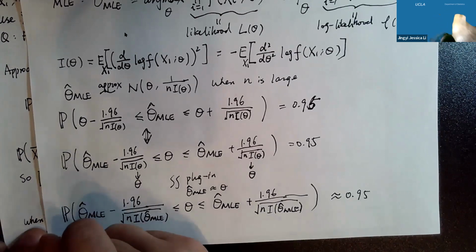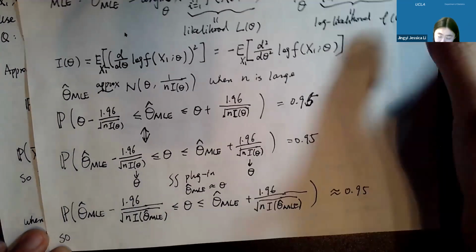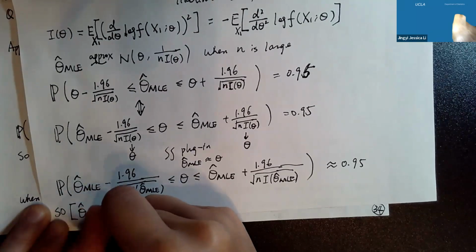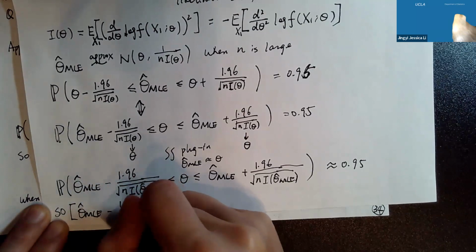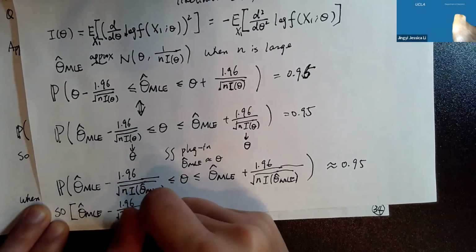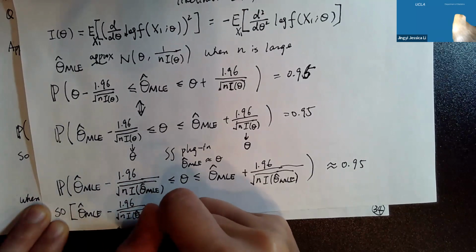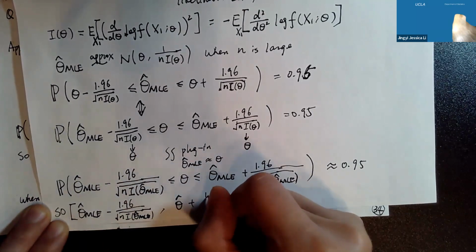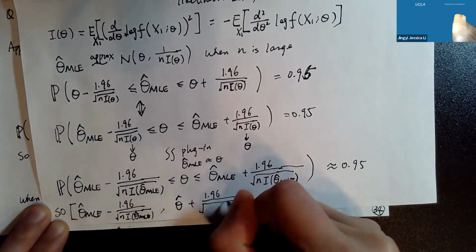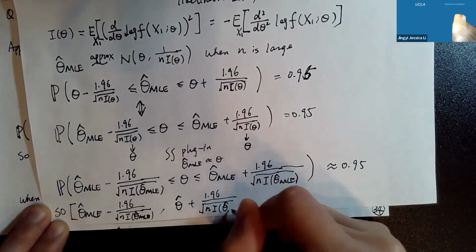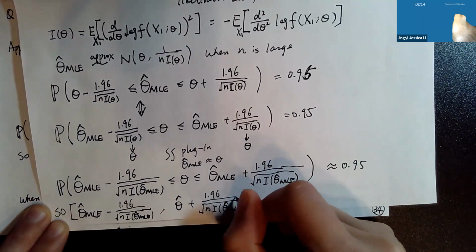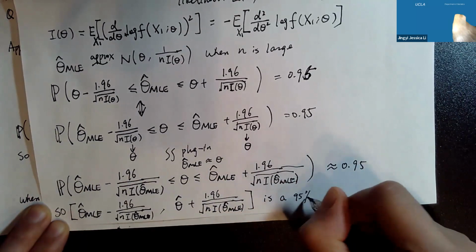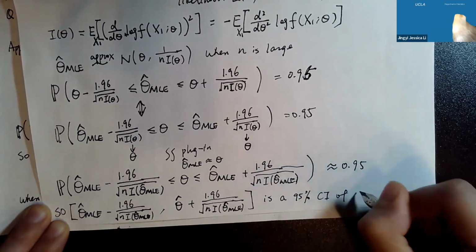So the conclusion is that theta hat MLE minus 1.96 times this, and the other boundary, is a 95% confidence interval of theta.